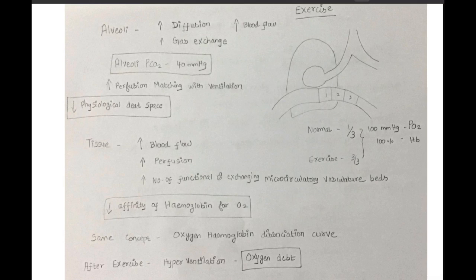So this you will see in biochemistry, that in oxygen debt the aerobic respiration will shift to anaerobic respiration, and there will be production of lactic acid, and this lactic acid combines with the incoming oxygen molecules from the hyperventilation after the severe exercise, and in that way the oxygen is settled in the tissue cells. This is oxygen debt. You will see this oxygen debt concept in biochemistry.